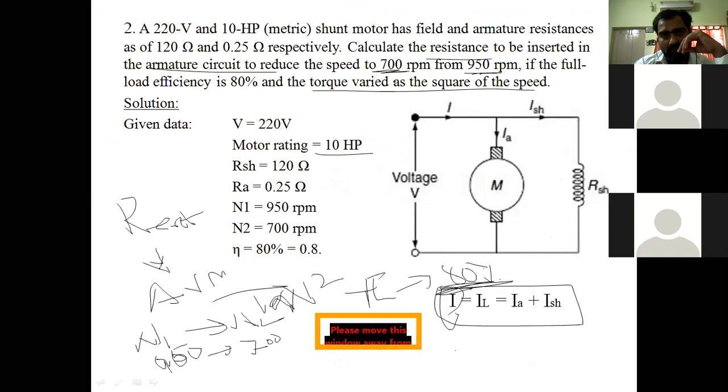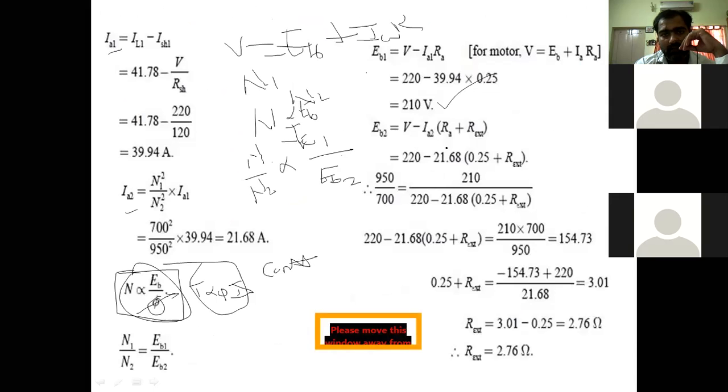Please note this point: this is your initial speed, because he has asked to reduce the speed to 700 rpm. He has to reduce the 950 rpm speed to 700 rpm. So this is your N1, this is your N2. Based upon N1 and N2, you calculate Eb1 and Eb2.